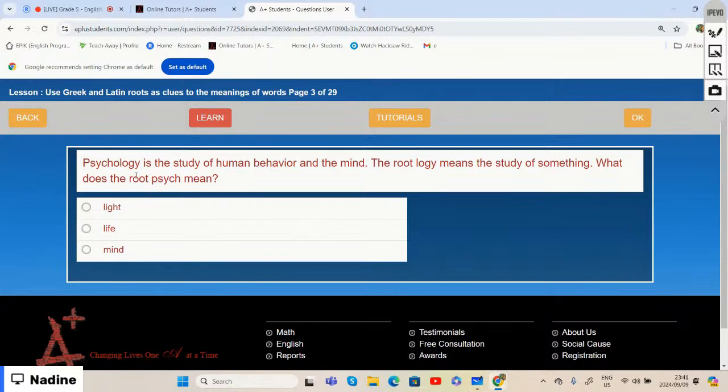What does the root psych mean? If the root logy means study of something, then what does psych mean? Does it mean light, option 1, life, option 2, or mind, option 3?